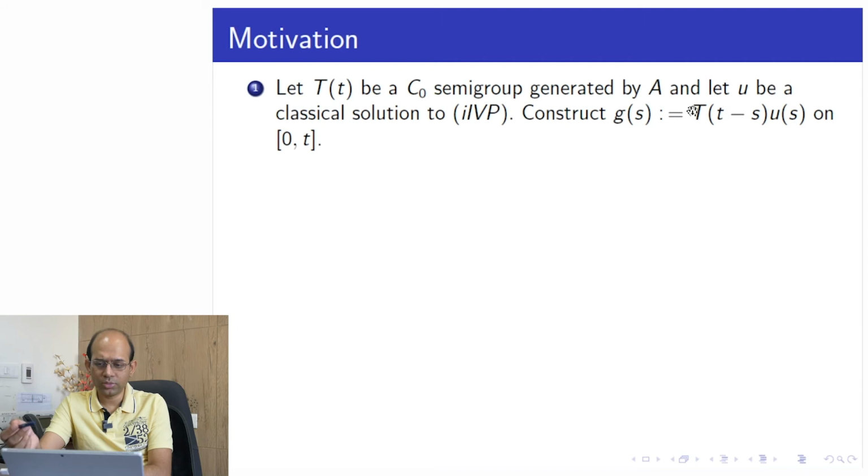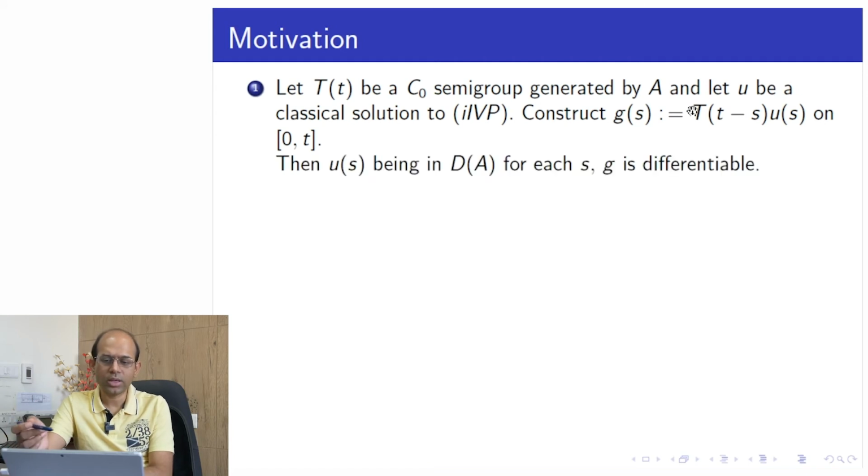So we understand what this g(s) is. Then u(s) being in the domain of A, because we have assumed a classical solution. The property of a classical solution is that it should be in the domain of A. So u being in the domain of A for each s, g is differentiable, because we have seen that the semigroup operated on a point in the domain of the generator is differentiable.